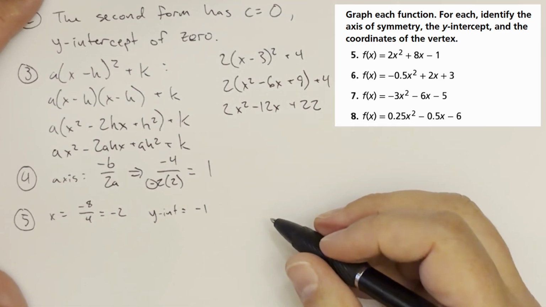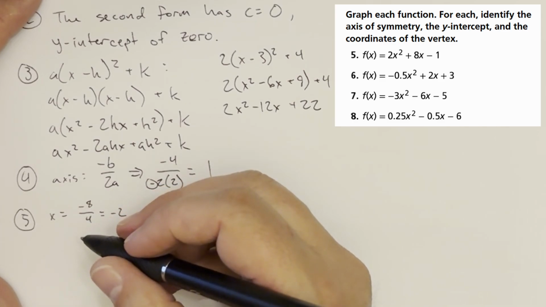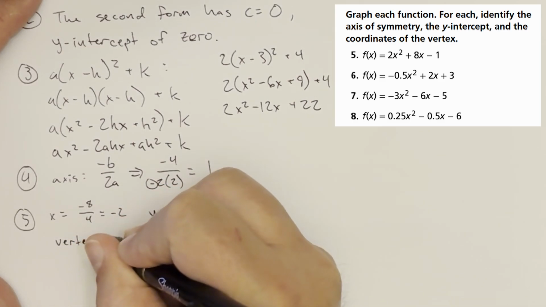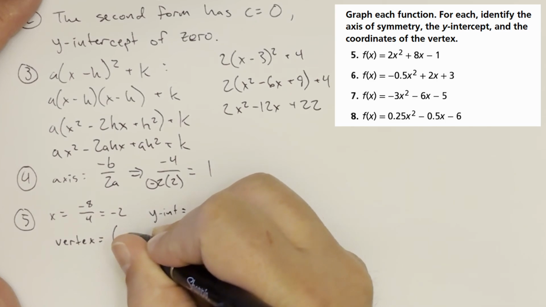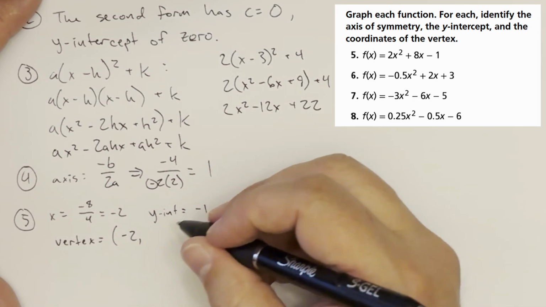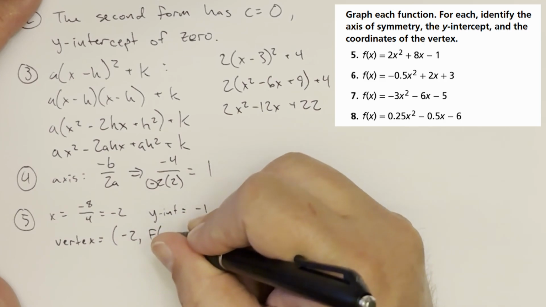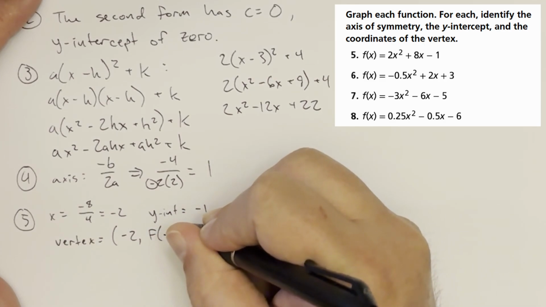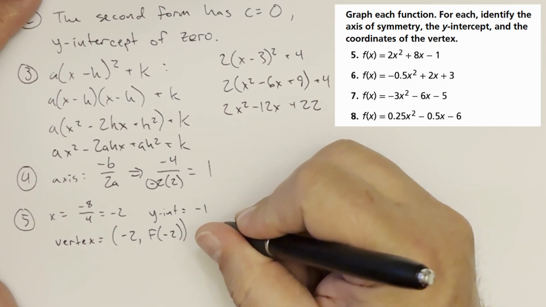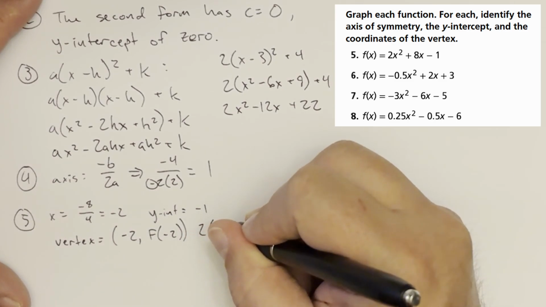The axis of symmetry, again, minus b over 2a. So we do negative 8 over 4, which gives us negative 2. The y-intercept is just c every time. That's super easy, so it's negative 1. Vertex: we plug in the negative 2 from the axis of symmetry, and then we solve the function f of x for f of negative 2.